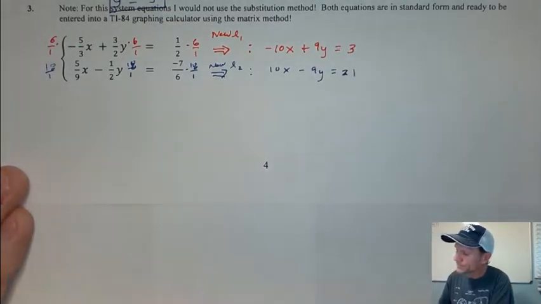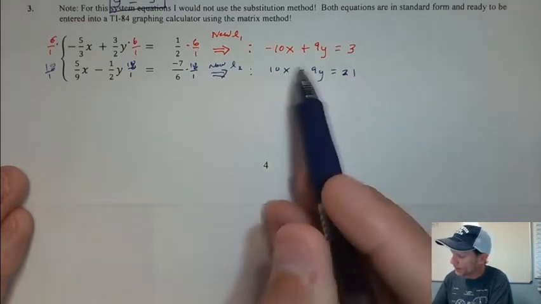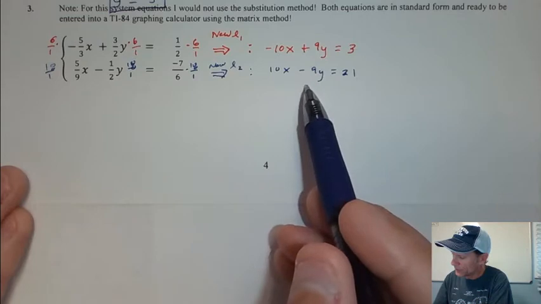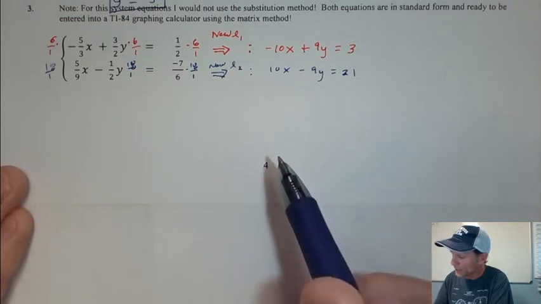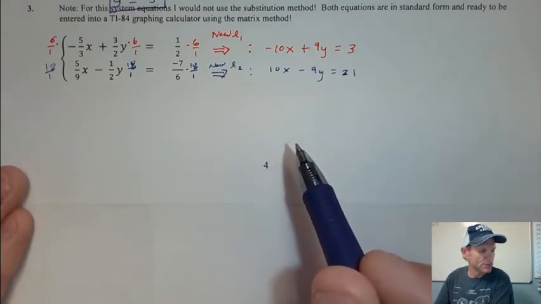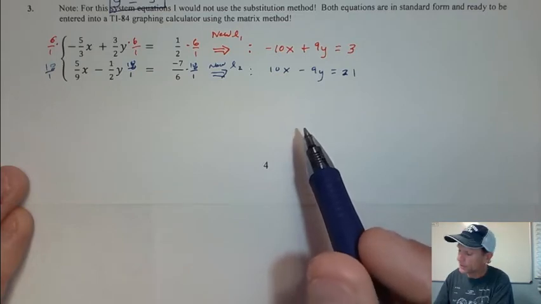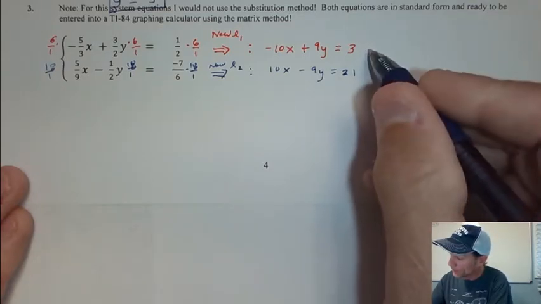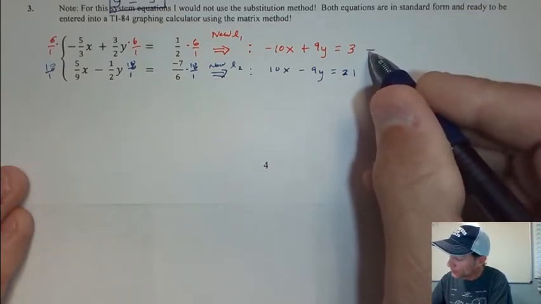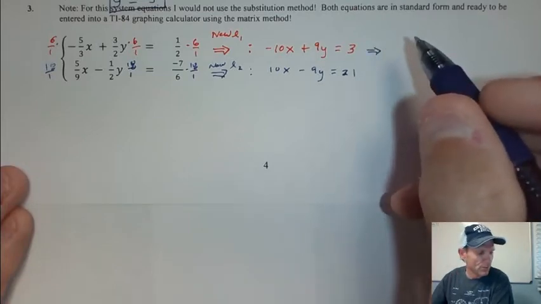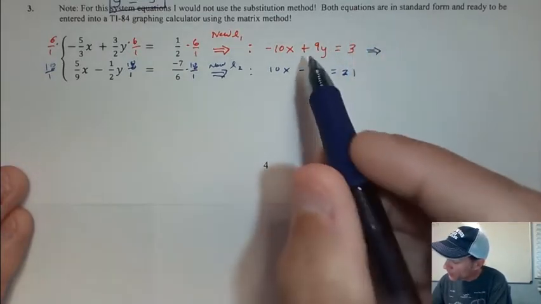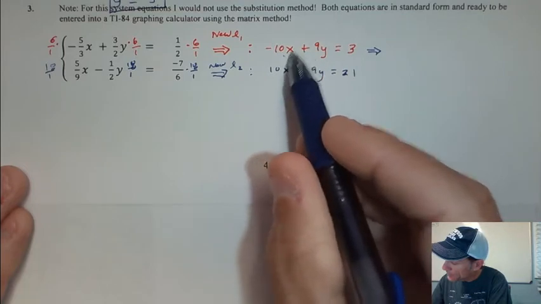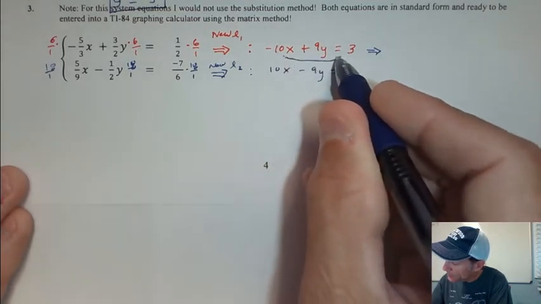Okay. So at this point I'm still not ready for the substitution method because I have to get one of these equations in the form x equals or y equals. And so what I'll choose to do is get line 1 into y equals form. So I'm going to have to move this negative 10x over.